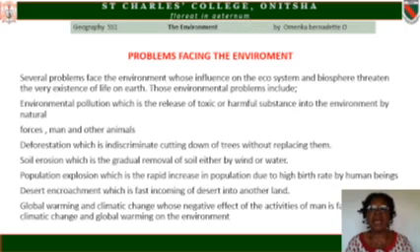Those environmental problems will include environmental pollution, which is the release of toxic or harmful substances into the environment by natural forces, man or other animals. We have many examples of this environmental pollution. If we look around, men are the major cause of this environmental pollution.